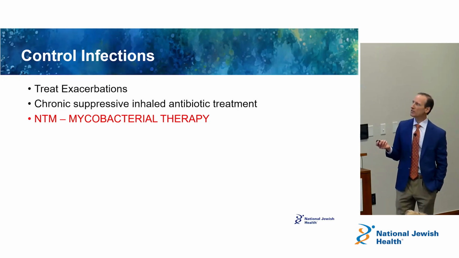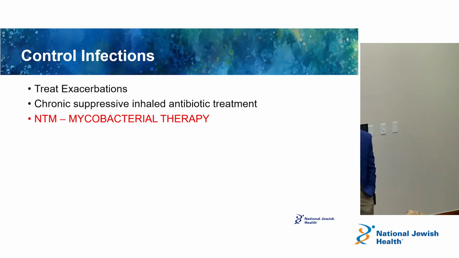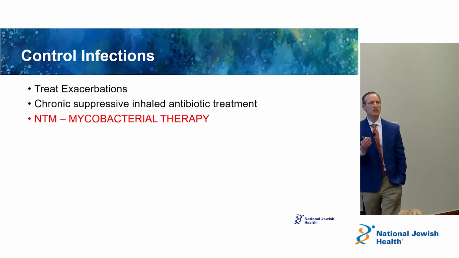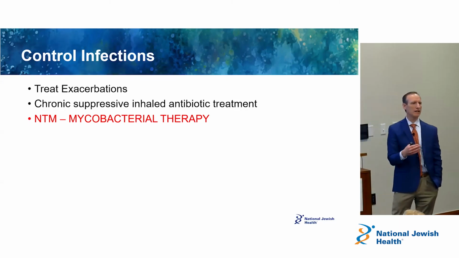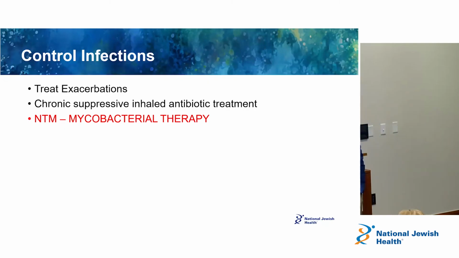Chronic suppressive inhaled antibiotics. Again, this is just to highlight why doctors may recommend certain things to you. Some of our patients have chronic infections with different types of bacteria, and they keep having exacerbations despite doing their airway clearance very diligently.